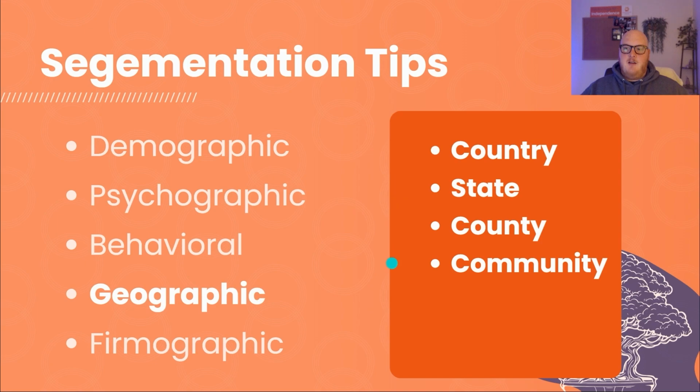Second to last one is going to be geographic. You're looking at things such as country, state, county, community. With this one, you want to drive down as small as you can or you need. If you're a local business, you may want to look at the community level or county level, because those might be different types of people.